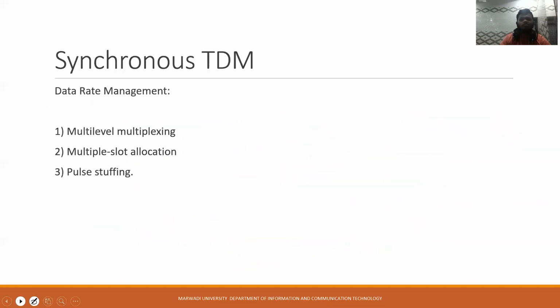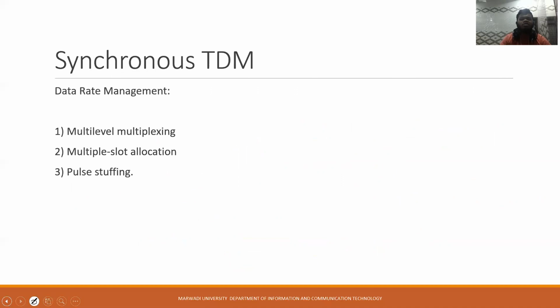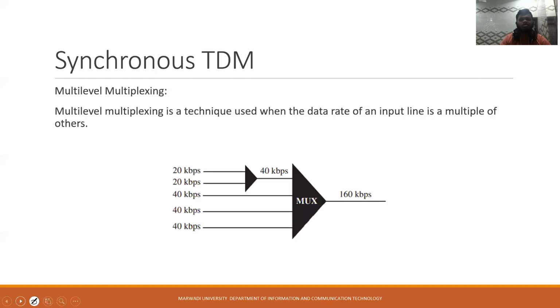But what if it changes? Like here we have 20 kbps, 20 kbps, then 40 kbps, 40 kbps. We have three different ways to deal with this situation: first multi-level multiplexing, then multi-slot allocation, then pulse stuffing. We will see each one in detail.